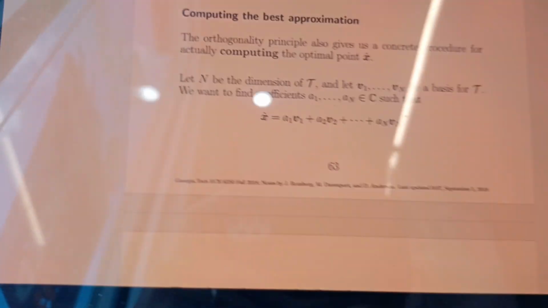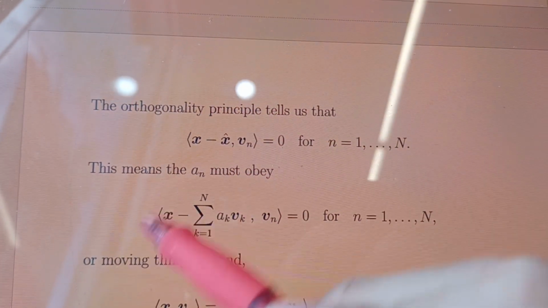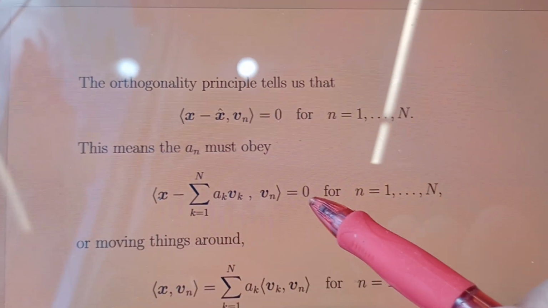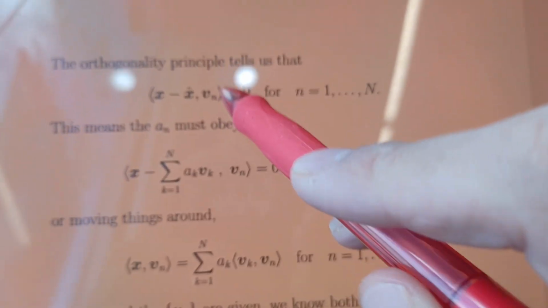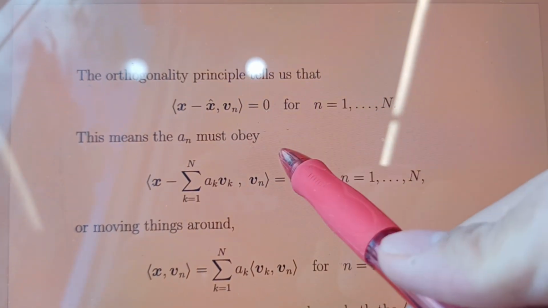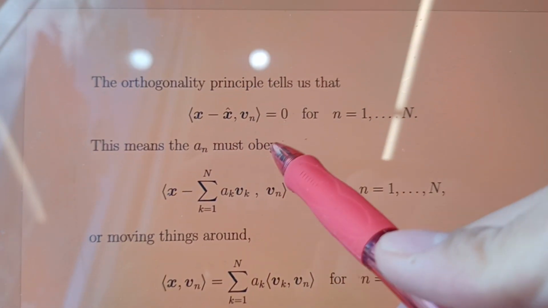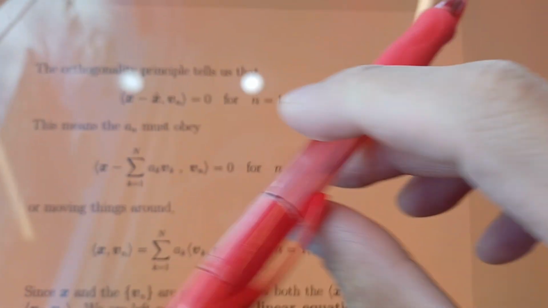And how it happens is, with the orthogonality principle, we just learned x minus x hat, that's this line, and then the vn is the orthobasis of the subspace T, so you can just think of it as T. And it makes sense that it should be orthogonal or perpendicular, and because of that, this inner product should be 0, because inner product is really the dot product, or you can think of it as the projection onto each other.